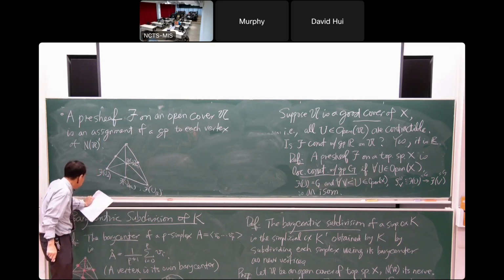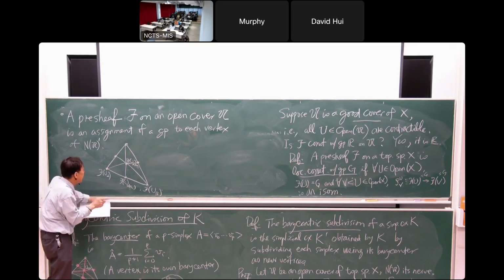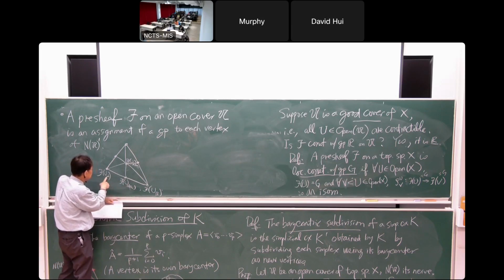Now, like here, this triple intersection is a subset of the double intersection, which is a subset of U alpha. So the restriction map goes this way and then this way. Right?